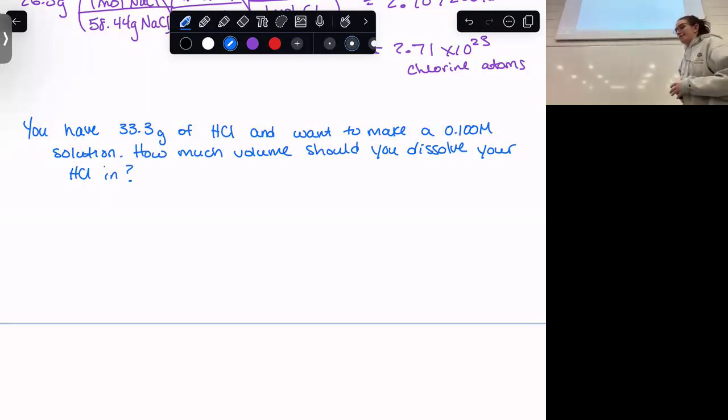All right. Give you all a minute to write it down, but I'll read it out loud at the same time. So you have 33.3 grams of HCl and want to make a 0.1 molar solution. How much volume should you dissolve your HCl in?